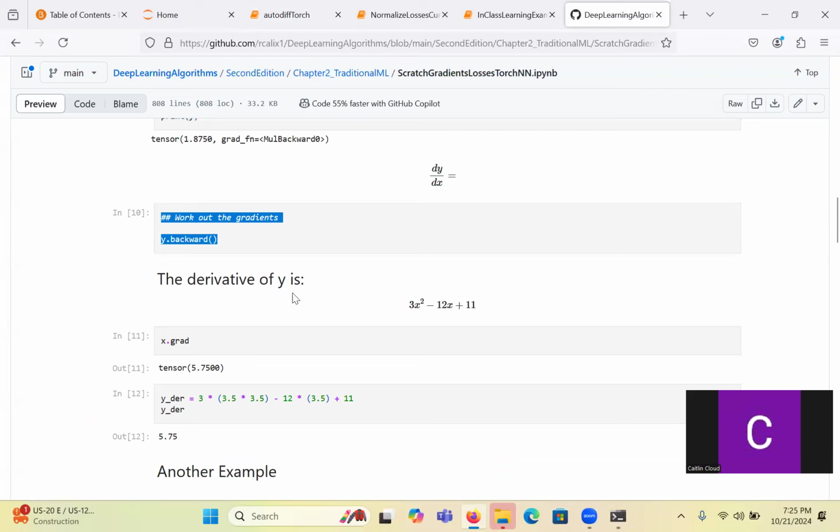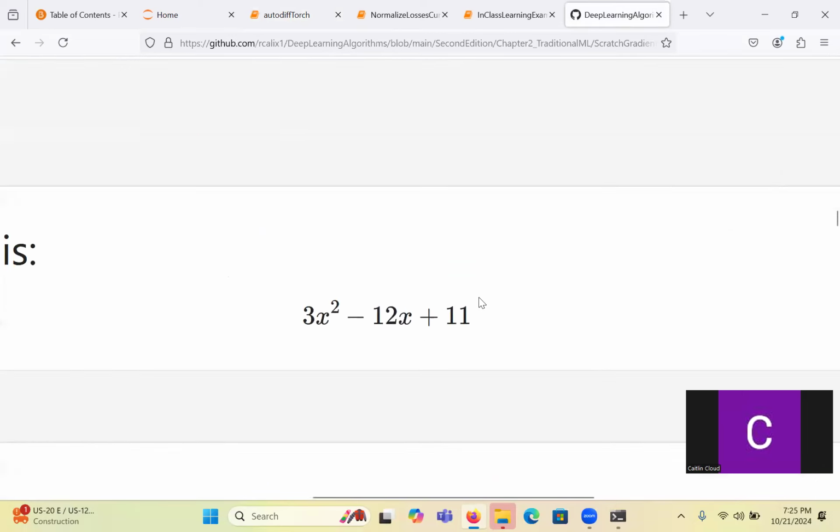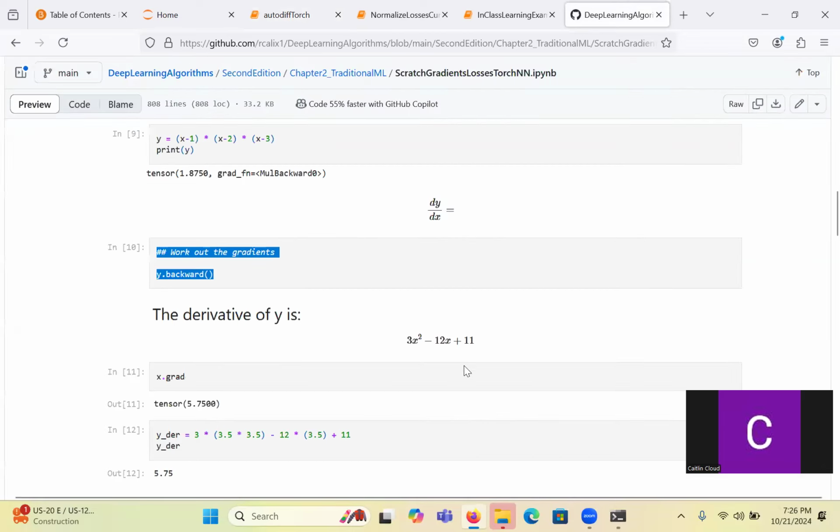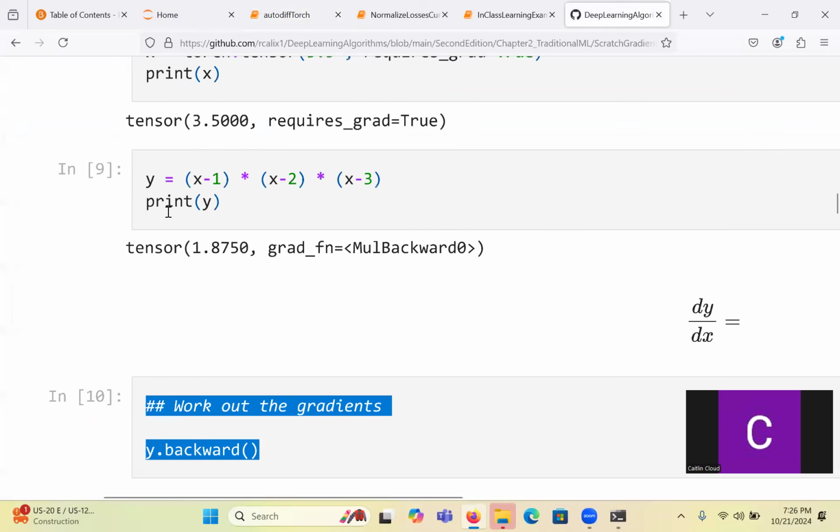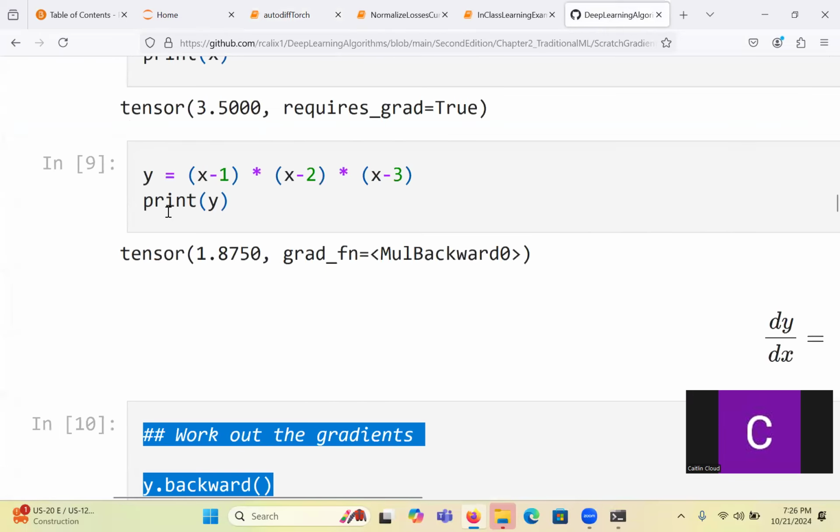So now I'm going to go ahead, and here it is. The derivative of y is this one: 3x squared minus 12x plus 11. This function over here, (x minus 1) times (x minus 2) times (x minus 3), is the original.